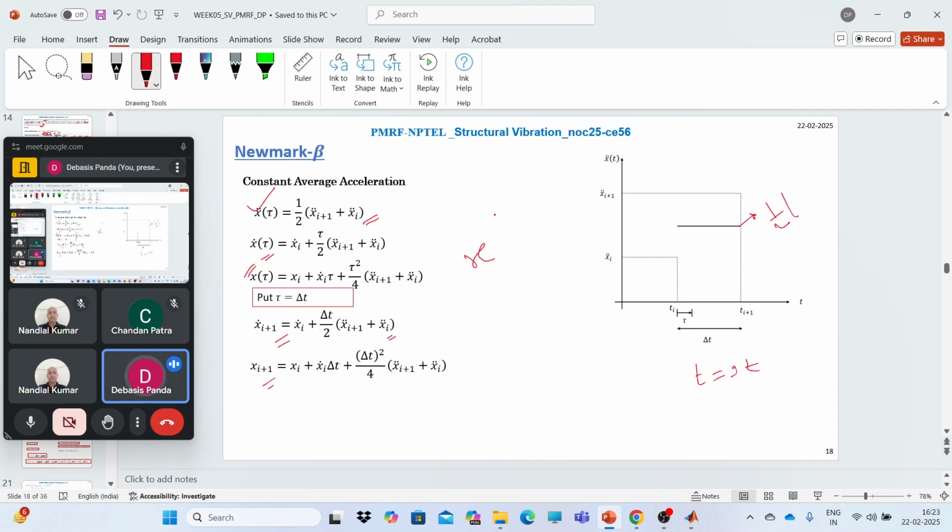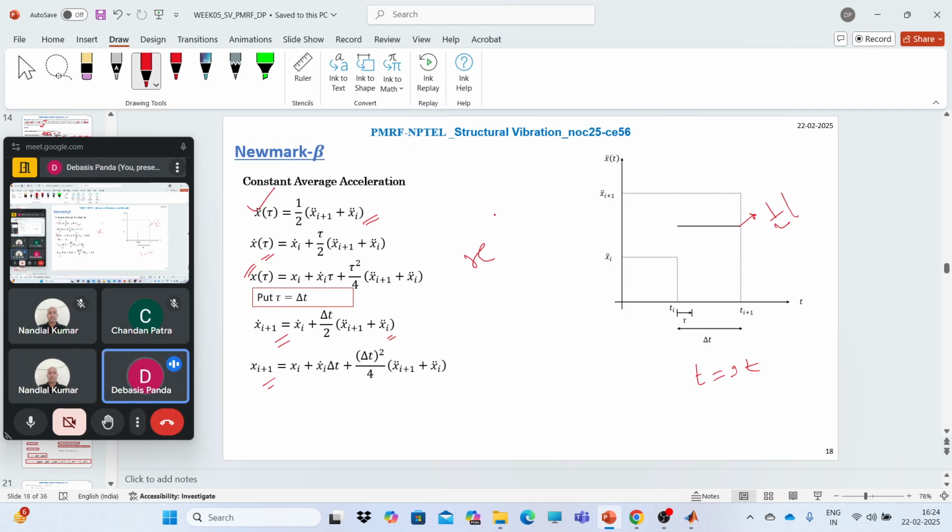Here, sir, what I want to highlight is that the integration of x double dot i+1 is x dot i+1, or something. Once we integrate x double dot i+1, the result will be x dot i+1, am I right?